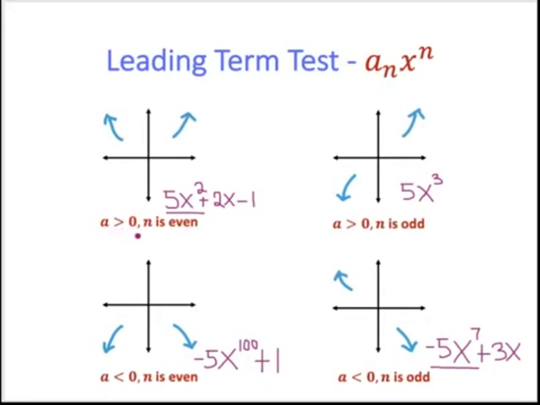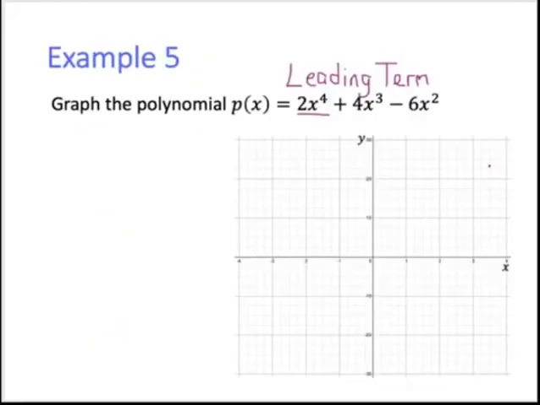A is greater than 0, it's 2, and n is even because it's 4. So our end behavior is going to have arrows pointing up in the first quadrant and the second quadrant. So let's go ahead and draw our arrows in.